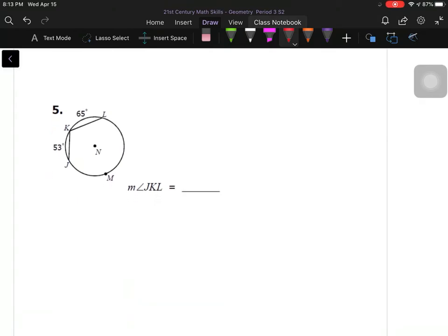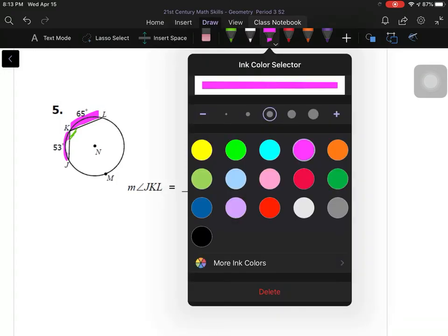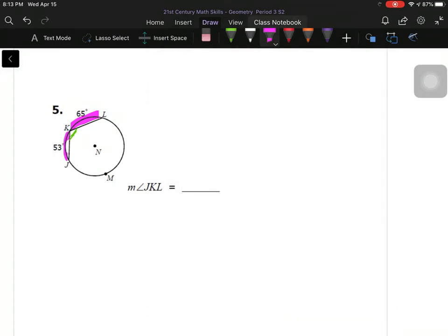Okay, so this next one, now I know KL, KJ. It's asking me to find the measure of angle JKL. So they want me to find this angle here. So I need to figure out what this arc measure is. That's on the outside.